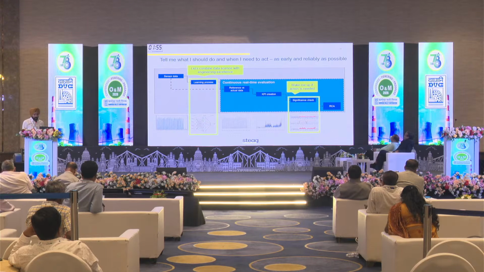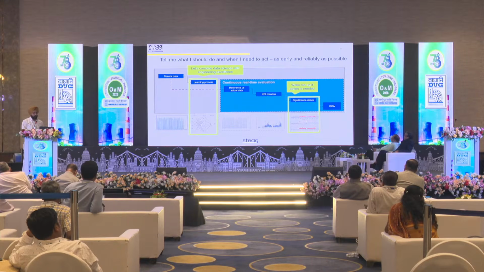So briefly, as I mentioned, we take the sensor data along with the other process data, and there is a learning process from the historical data, the neural networks, and the data model is prepared. Then a reference is calculated, and we have the actual value, of course. Then the KPI is created, which could be as simple as the ratio of actual and reference value.